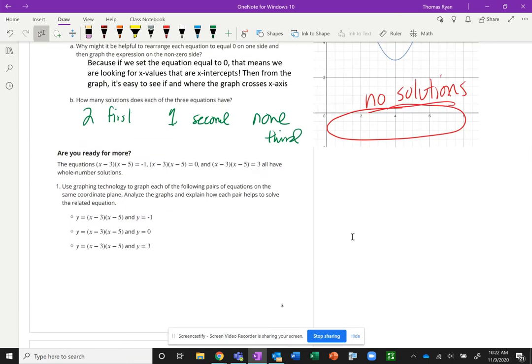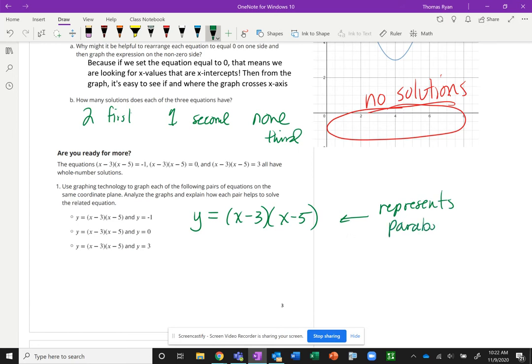All I want you guys to do is think about this. So y equals x minus 3 times x minus 5. We know that this represents a quadratic, which in this case we know the graph will be a parabola. And then you look at the y equals -1.